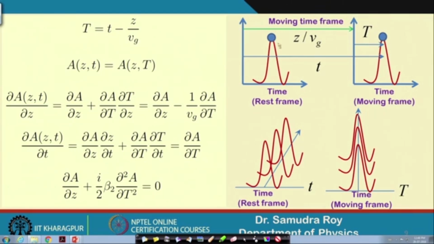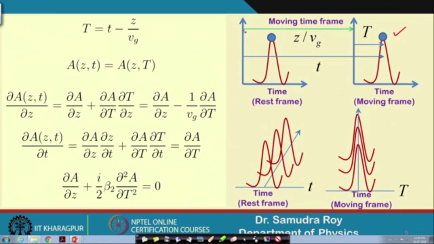If the pulse is distributed in some time domain, and if this is the rest frame and another frame is moving, and the coordinate in the moving frame we call big T, then this particular point can be represented in the rest frame as small t, but from the moving frame it is big T, and the moving frame is moving with a velocity V g.